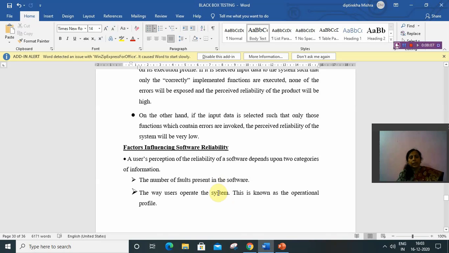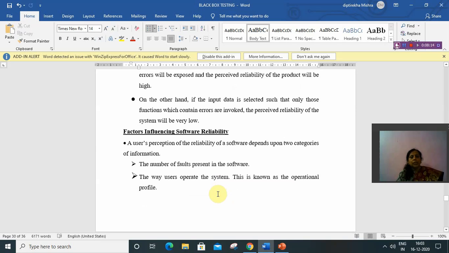These two factors that affect reliability of a software are known as the operational profile. The first factor is the faults present in the software, and the second is which part of the software the user operates. If the part contains no error, then the reliability will increase. If the part of the software has many errors, then the reliability will decrease.